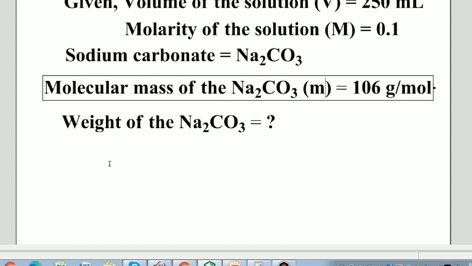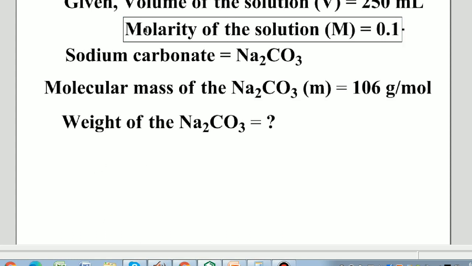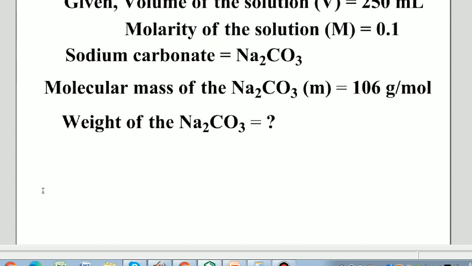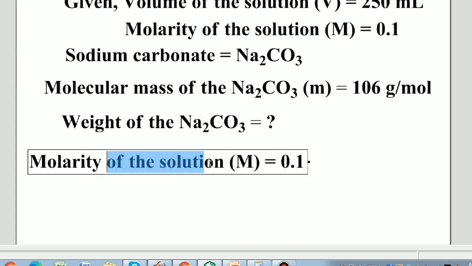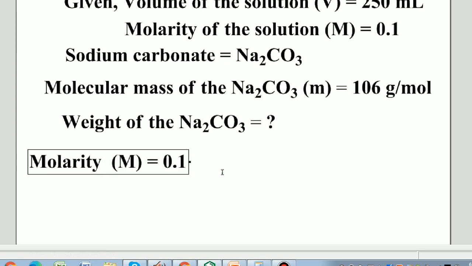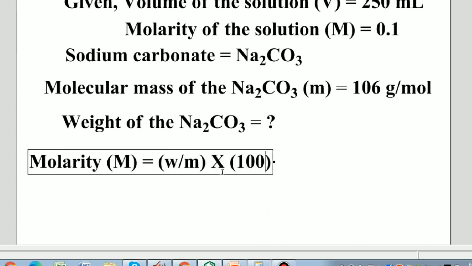From the formula of molarity, molarity is equal to weight of the solute by molecular mass of the solute into 1000 by V. This is the formula we already know.